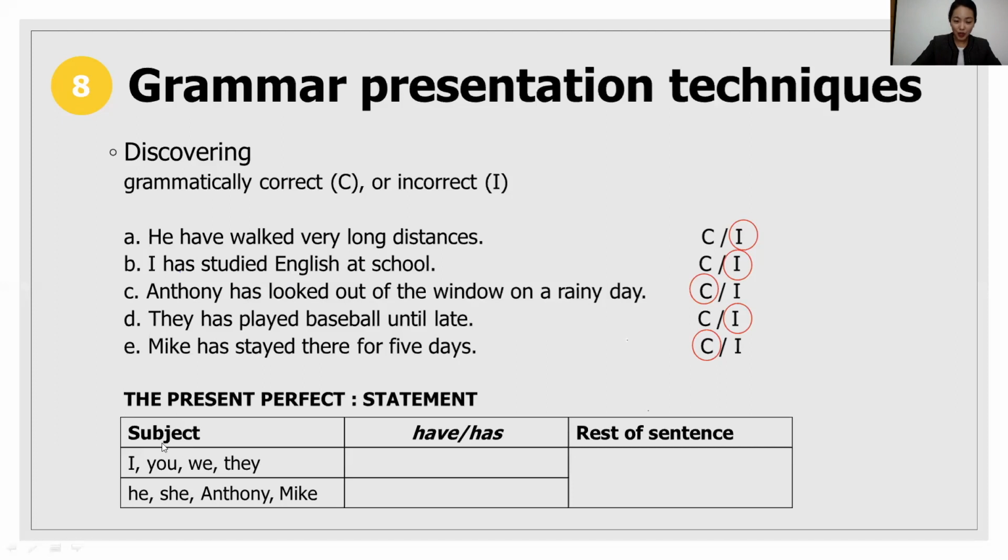Like in subject, you can explain that I, you, we, they, have and has. Students choose, and the rest of the sentences they will use. So students will realize the grammar in an implicit way. So this discovering is a pretty similar way.